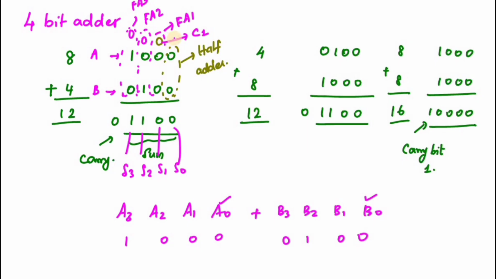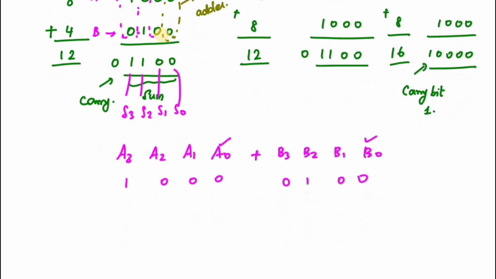Let me term this: C1 represents the carry of the first half adder output. So this is my half adder. In the half adder, the input bits are A0 and B0, the output is S0, and I am going to have a carry bit, that is C1.